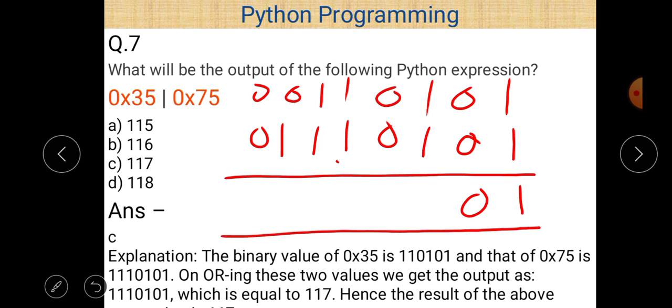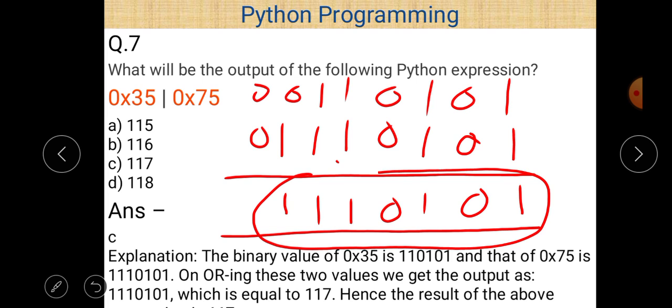Here 1 1, again 1. 0 0, again 0. 1 1, again 1. 1 1, again 1. 0 1, at least one digit is 1, so the output is 1, and in the last case it is 0. Before any number, if we add 0, it is meaningless, so we can say that this is our answer.